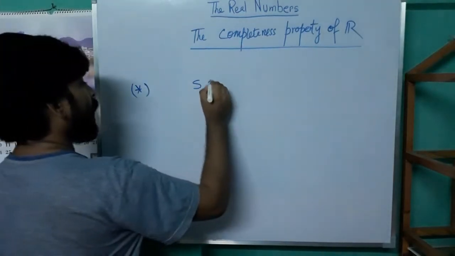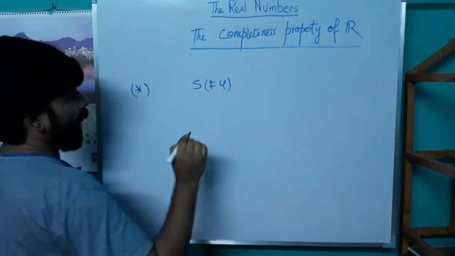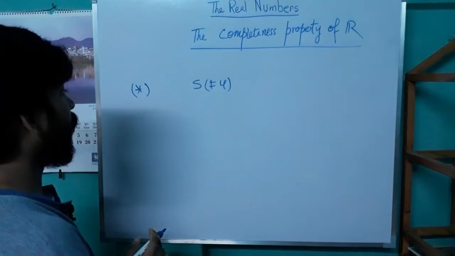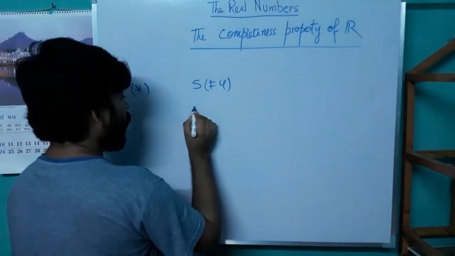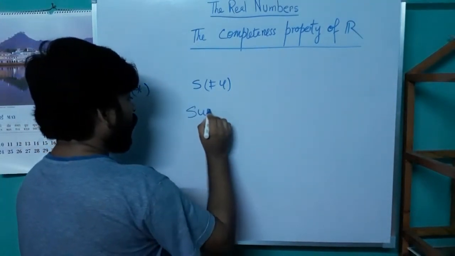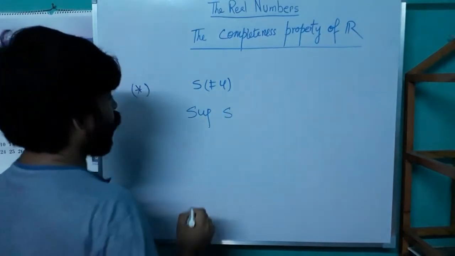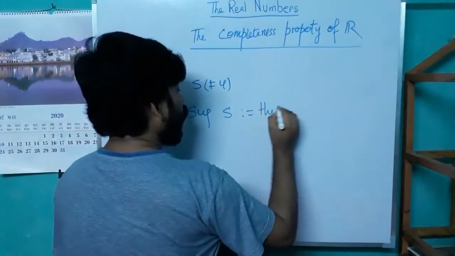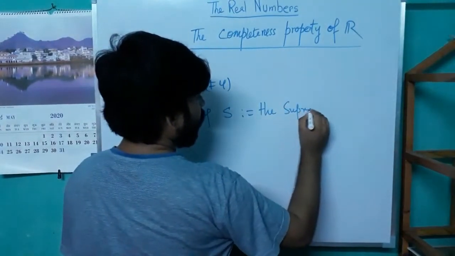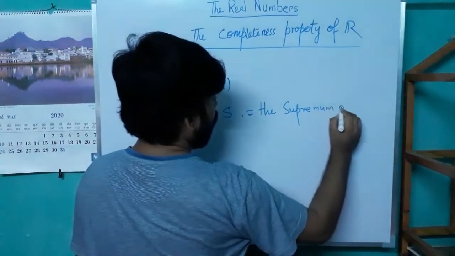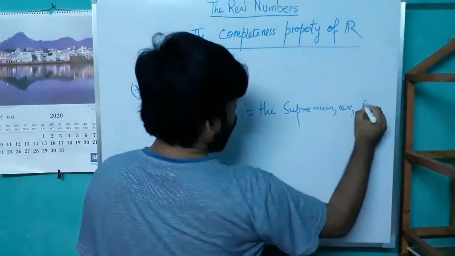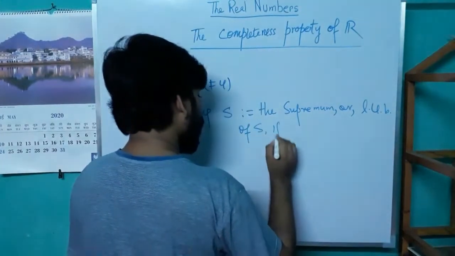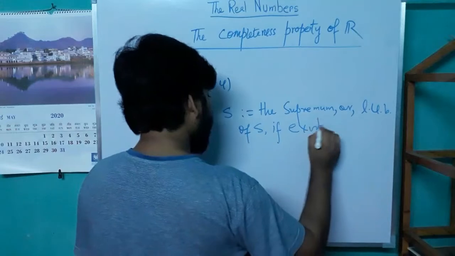If a non-empty set S has the supremum or greatest lower bound, then it is denoted by sup S. So sup S means the supremum or least upper bound of S, if it exists.